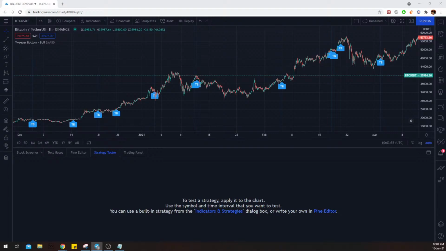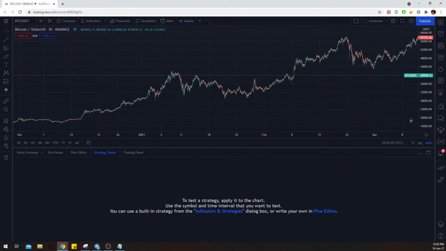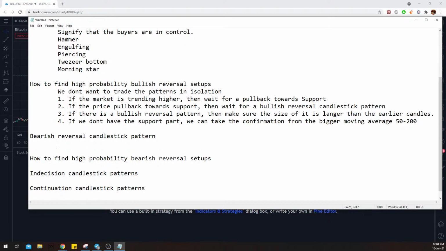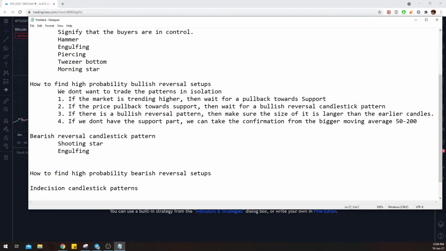So yeah, let's continue for now. Let's continue with the bearish reversal candlesticks. For bearish reversal candlesticks, we are going to have the shooting star. The next one is going to be the engulfing, but of course the bearish engulfing.